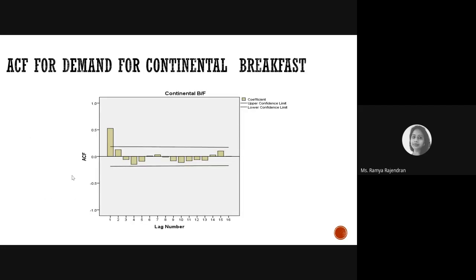When you plot your ACF for the breakfast demand prediction, that's how we get it. Here you have the lag number, and here you have the ACF values. For lag 1, the value is above the confidence limit. These two lines are your confidence limits.